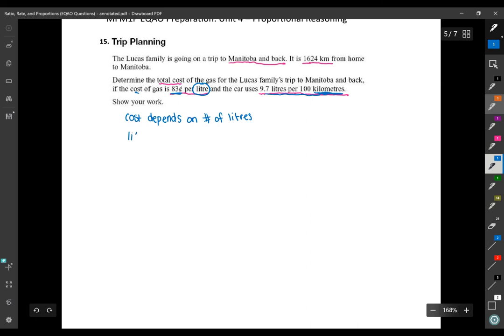So in order to find the cost, I need to know the total distance covered. So the total distance that they drive in this trip.